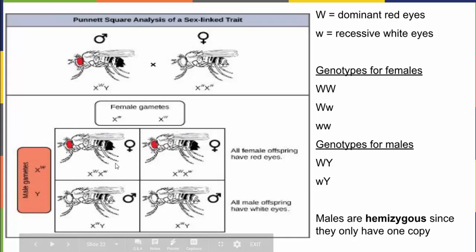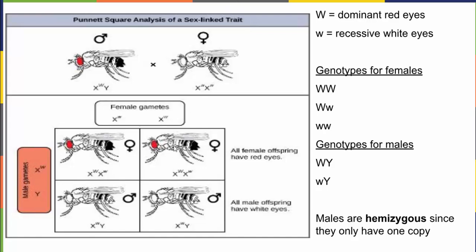All right, so if we fill this out, this one got an X and a big W, and it got an X and a little w. Because it has two X's, it's female, the cross hanging down, female. And because it got that dominant big W allele, the eyes are red, because big W is dominant red eyes.